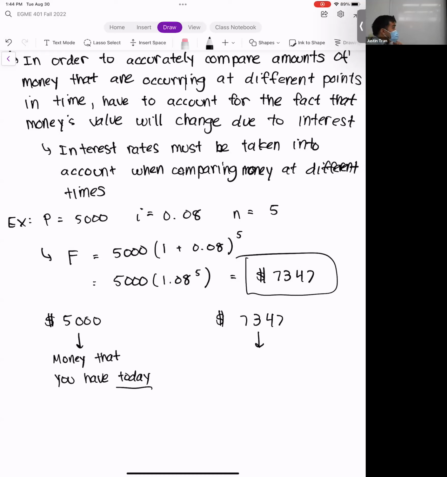And you compare that to the $7,347. Your friend doesn't have this money yet, but that is money that he hopefully will have for you in 5 years.